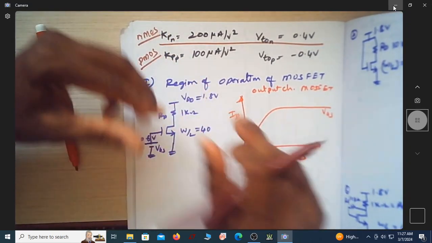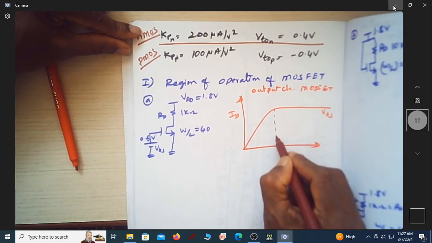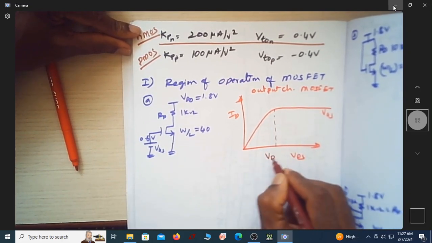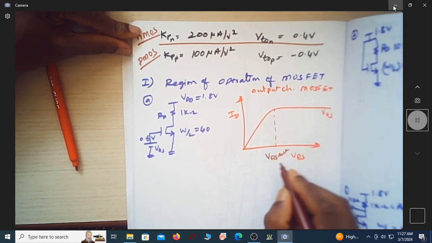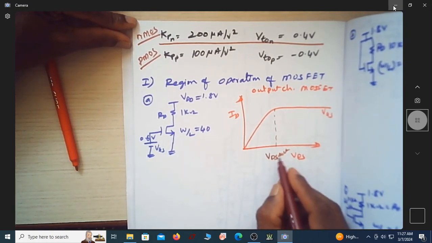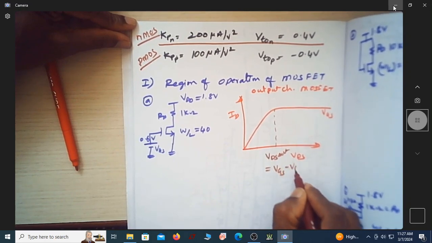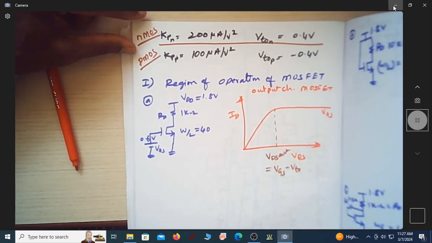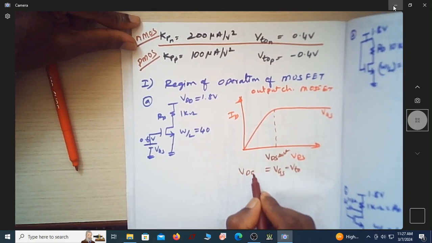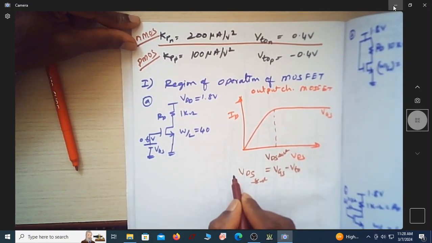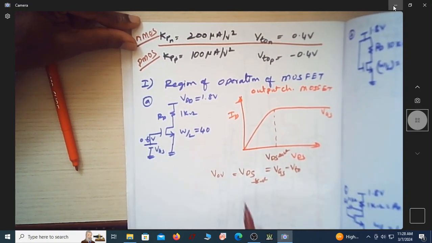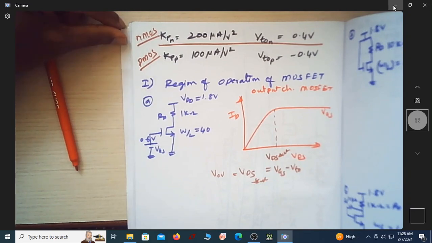We have a demarcation voltage which we call VDS sat, the saturation voltage, and it is given by VGS minus VTO, where VTO is the threshold voltage of the MOSFET. This is also called the overdrive voltage, VOV.